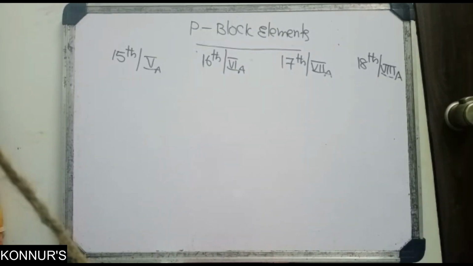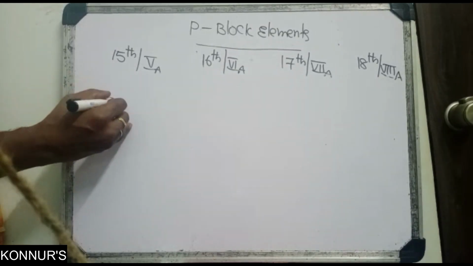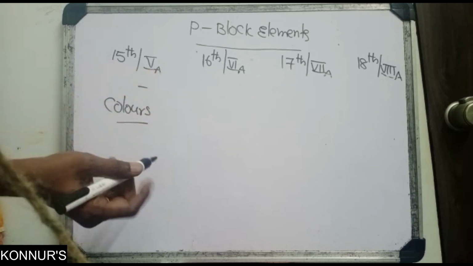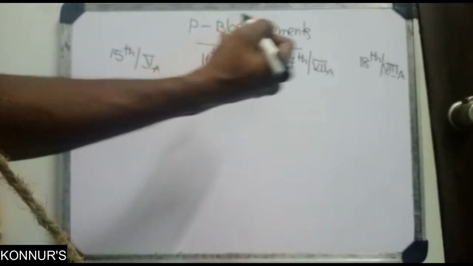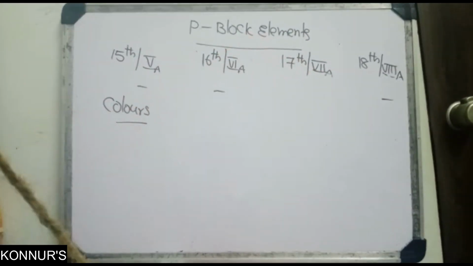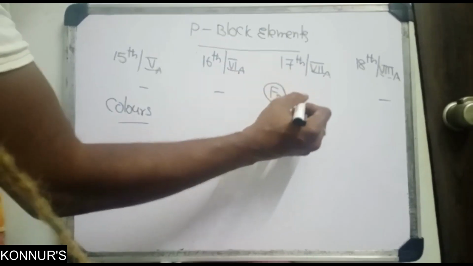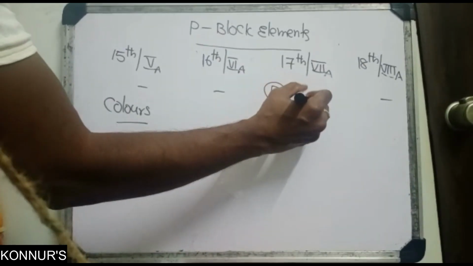Next, if you see the color properties, the 15th group is not showing, the 16th also not showing, so leave those, but here the 17th group is very important. Fluorine shows light yellow.